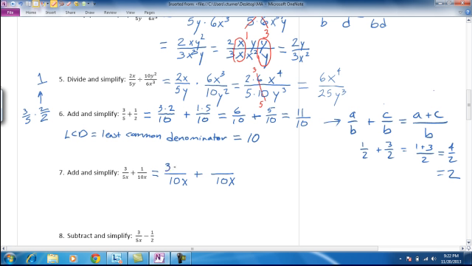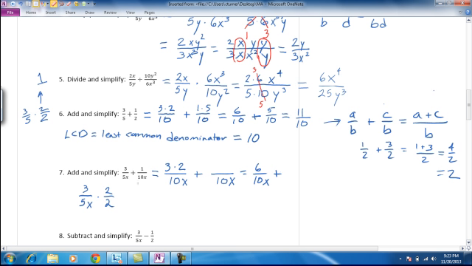I have to multiply that by what I multiplied the denominator against. 5x goes into 10x twice. So in essence, I'm multiplying 3 over 5x times 2 over 2, much like I did above in number 6. Of course, that will give me a 6 over 10x.